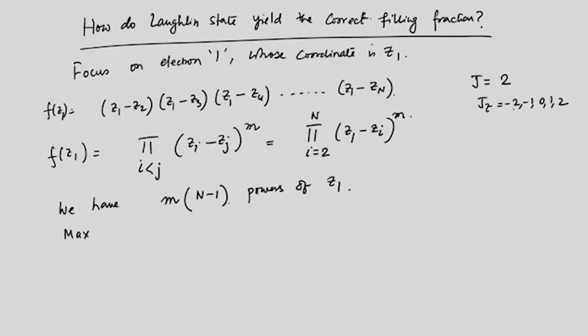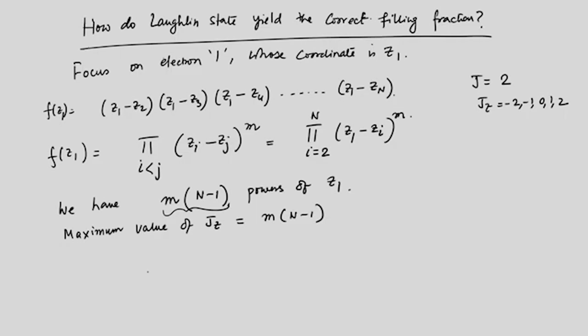So, the maximum value of jz in this particular case, for this single particle problem, is equal to m into n minus 1, because that is the power, and that power is nothing but the angular momentum that appears in the wave function. You just read off the power and you get the angular momentum.